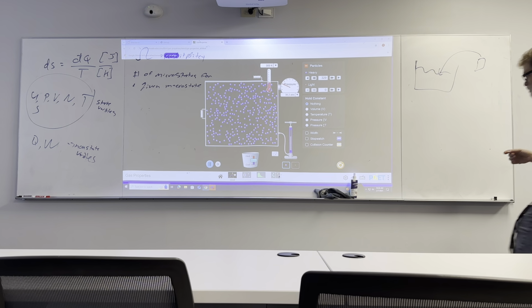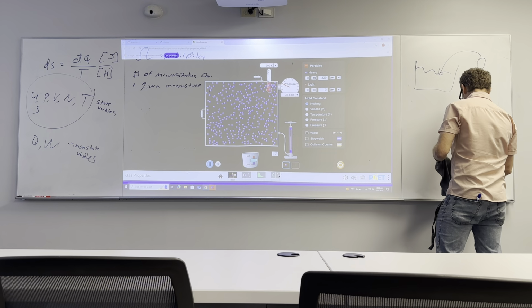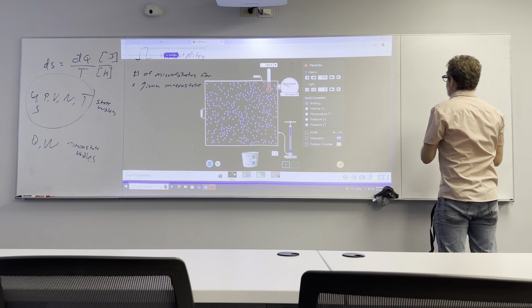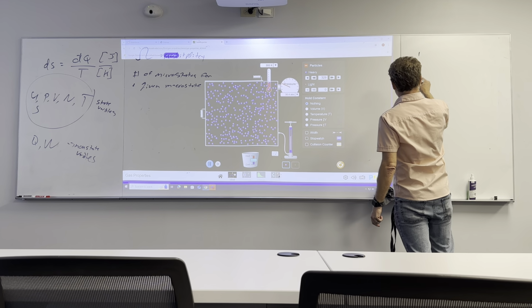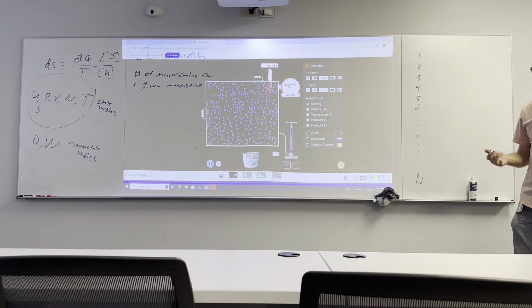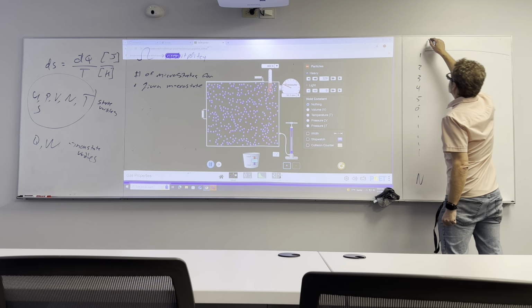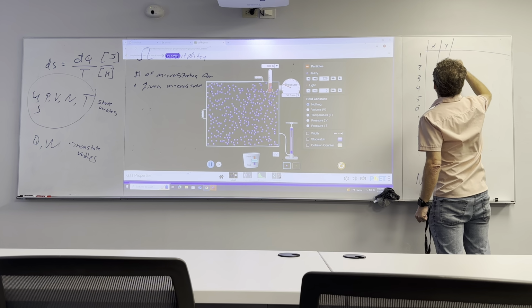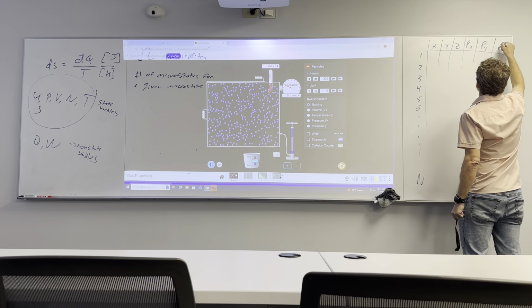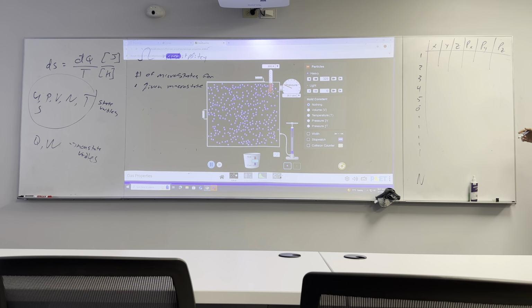For the microstates, you would make a giant table. You'd number all these particles: particle 1, 2, 3, 4, 5, 6, and so on. Then you would have a table of x, y, z coordinates and the momentum in those three directions. So you would have a table of six numbers for each particle. That describes the microstate. Does that make sense, everybody?